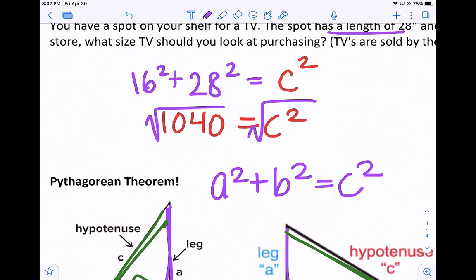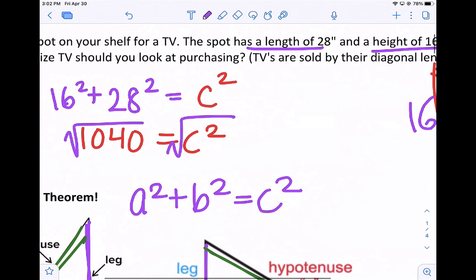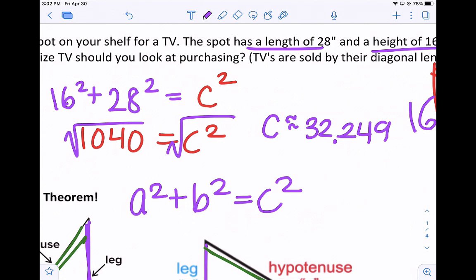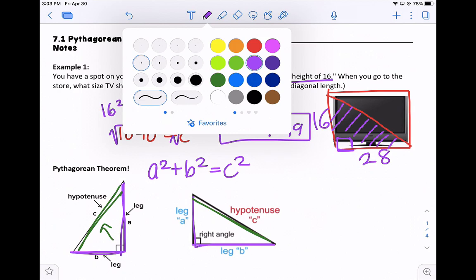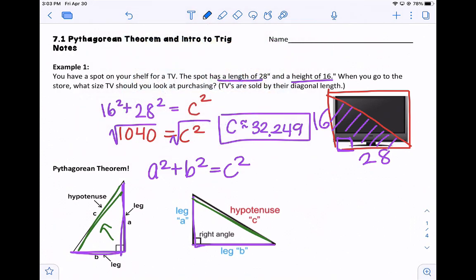So if I take the square root of our answer, we will get about a 32.249. So that's the length of the opening. So you would have to get a 32-inch TV or less to fit into that opening if you're going to look at TVs. So 32-inch TV or less to fill in that spot on the shelf.